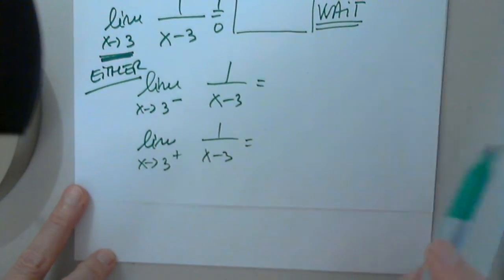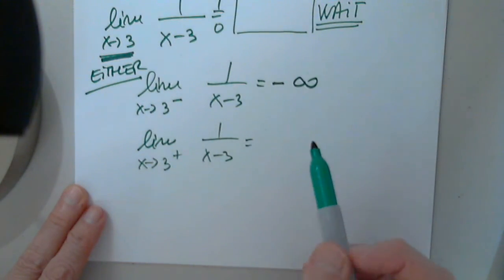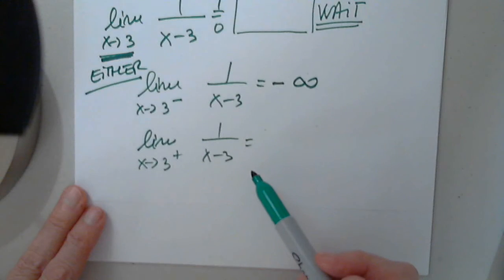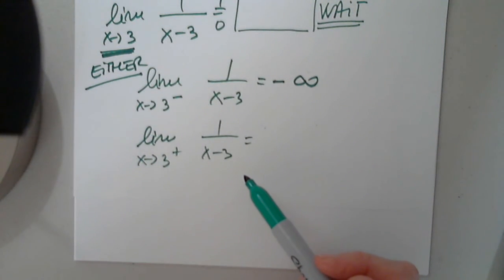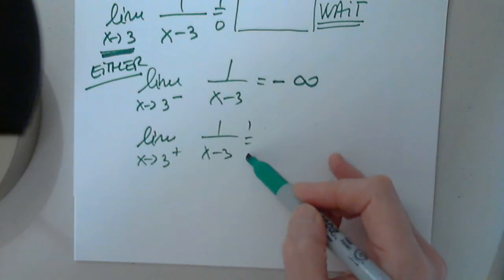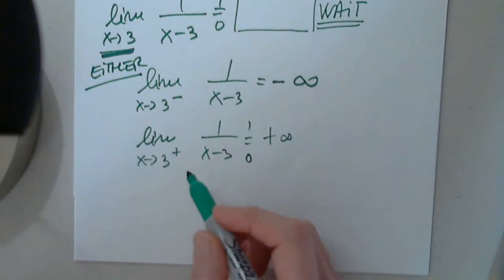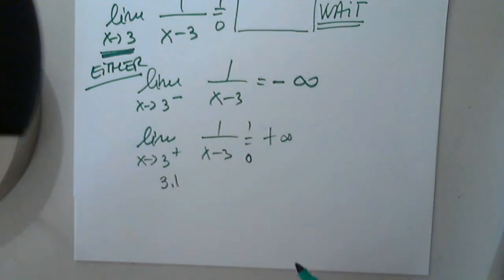So, can anyone give us this limit? We already have it. Can anyone give us this limit? 1/6. Careful. It's still 1 over 0. Positive infinity, because this time you're going to plug in 3.1. When you plug in 3.1 from the right of 3, this becomes positive. That's why this is positive.